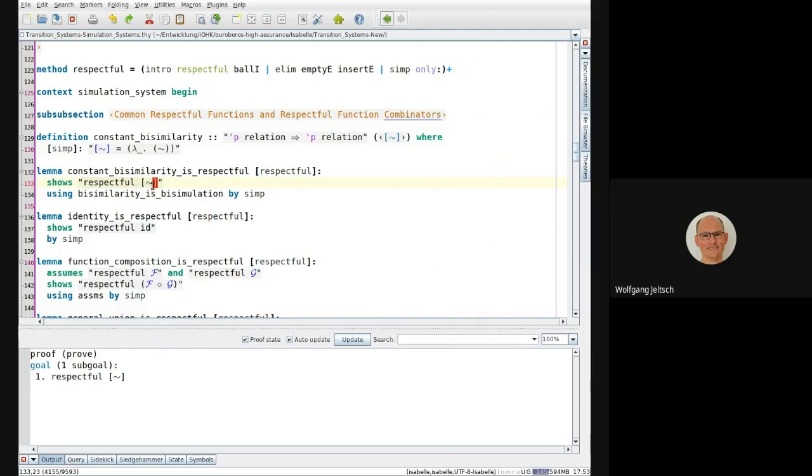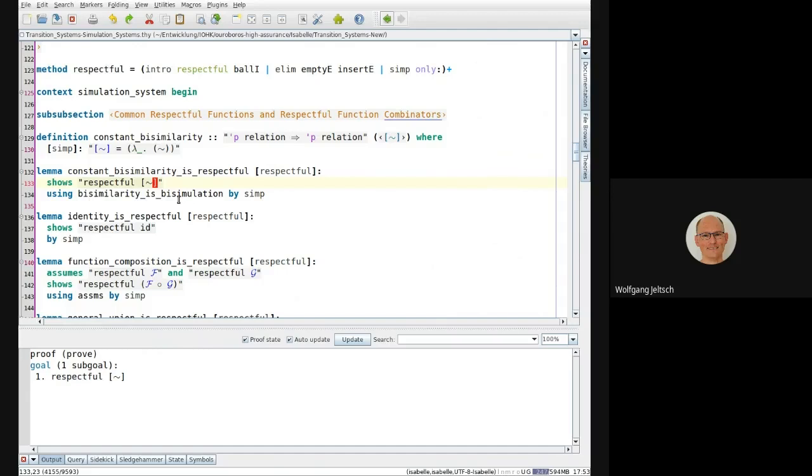We have to show that the p prime and the q prime target processes are bisimilar. But then it works also out if they are equal, because bisimilarity is reflexive. So we don't really need this constant equality thing in practice. We just take constant bisimilarity and use the fact that bisimilarity is reflexive.